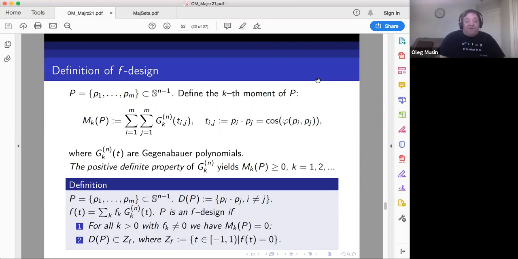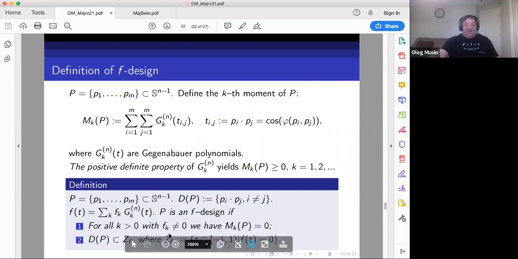The second property is also known. It's still very popular because, for instance, if you have an s-distance set with prescribed inner products, in this case, instead of zero, we can consider zero.